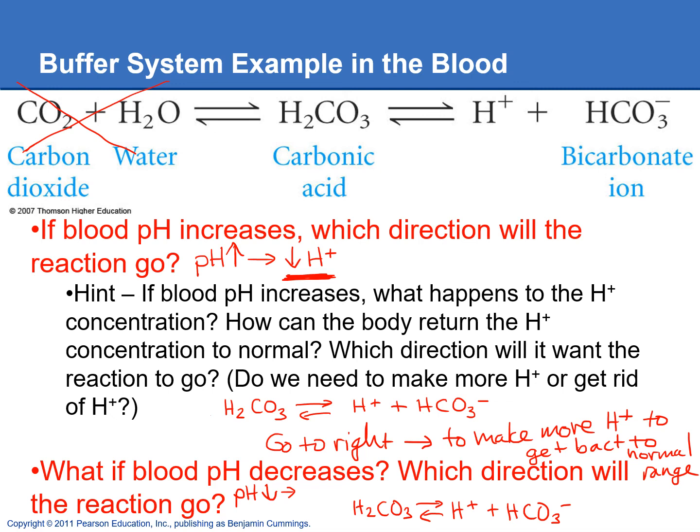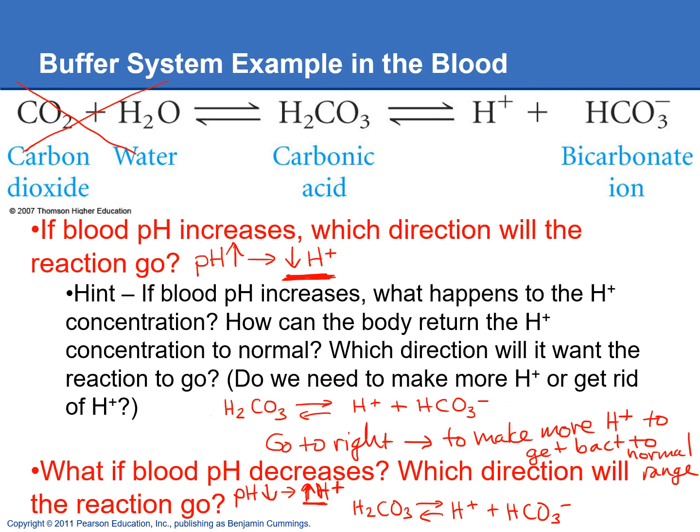We're going down the scale, and that means we're getting more hydrogen ions. So it's always the opposite of what your brain thinks it should be. It is for me. So our problem is we've got too many hydrogen ions. Which way do we need to go to get rid of those extra hydrogen ions?